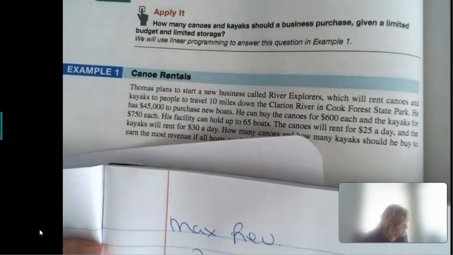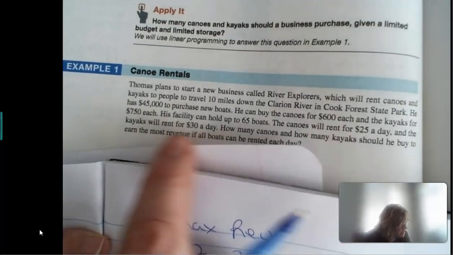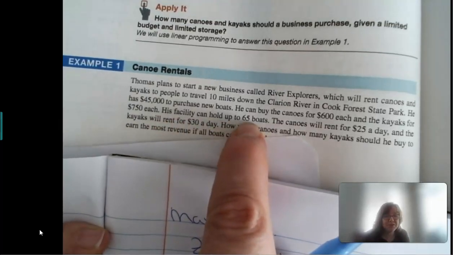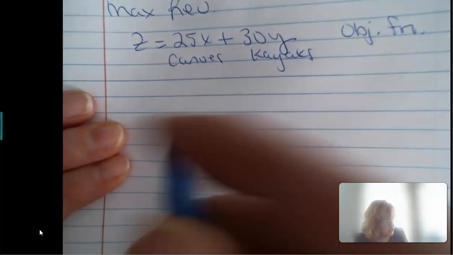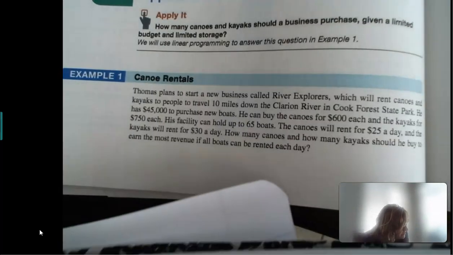So let's read. Do they give us a total? Well, his facility can hold up to 65 boats, sorry, not votes. That's a total. So underneath in my chart, I'm going to put x plus y, and what was it? 65.